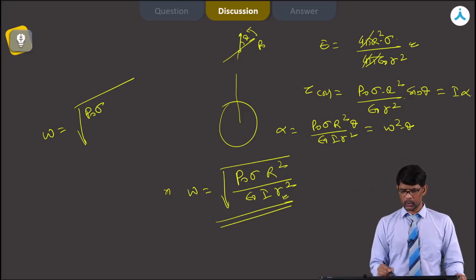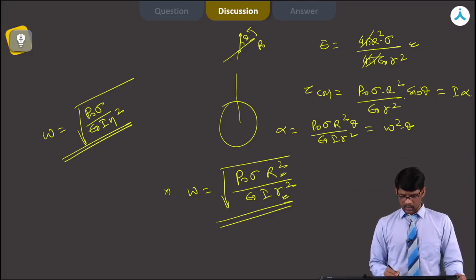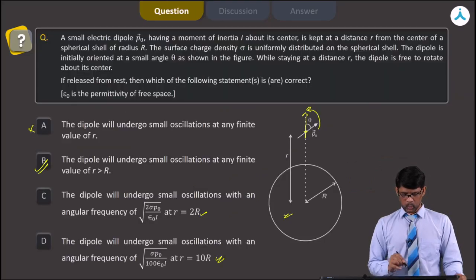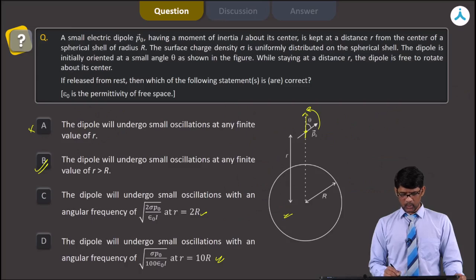I'm taking this value to be equal to small n into capital R, so this R square will cancel out and I will have epsilon naught I into n square in the denominator. Putting the value of n equal to 2, I will have 4 in the denominator, and putting n equal to 10, I will have 100 in the denominator. So clearly I can see that option D is the correct answer for this question.